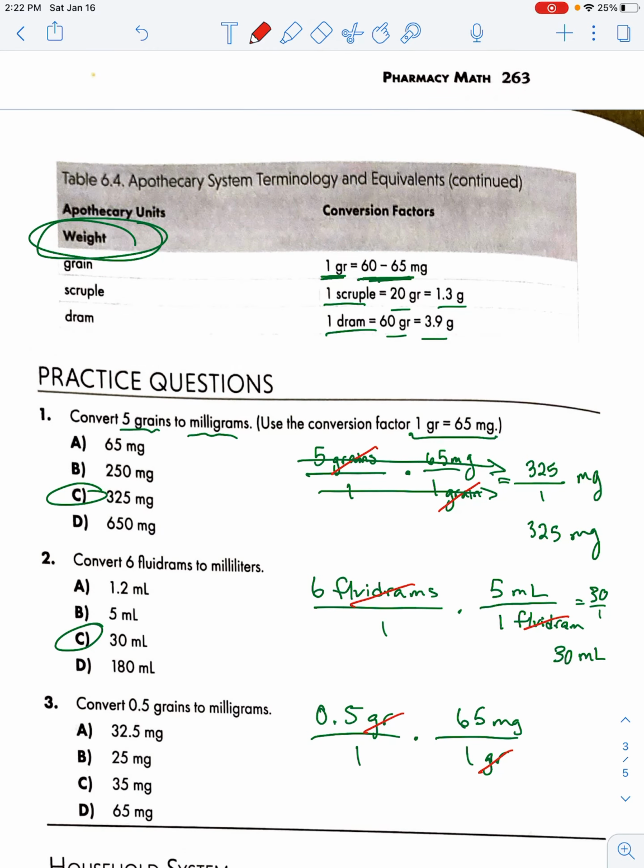Grain and grain cancel. We'll multiply 0.5 times 65 right across the top, and we get 32.5, and 1 times 1 at the bottom is 1, so 32.5 milligrams. So that's A.